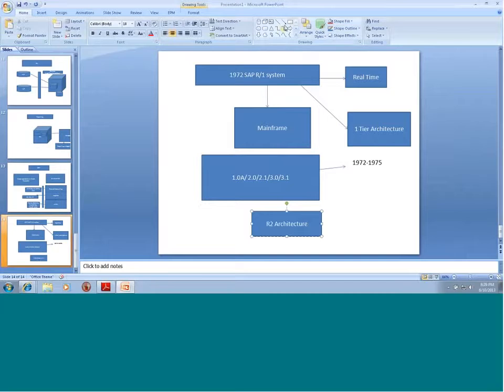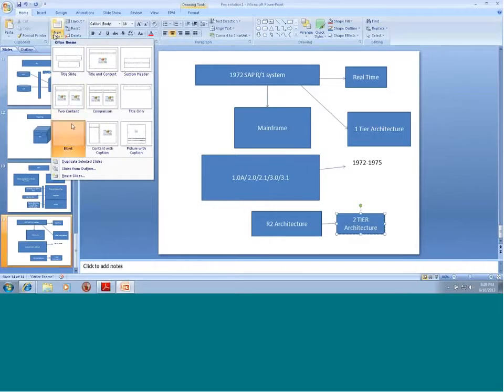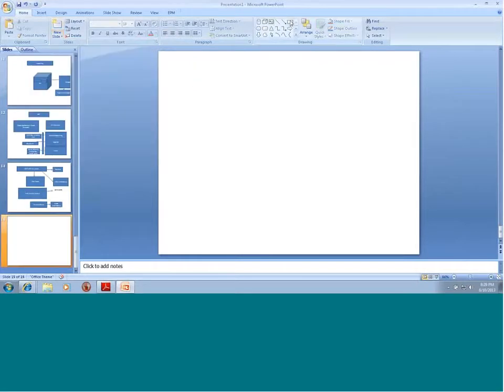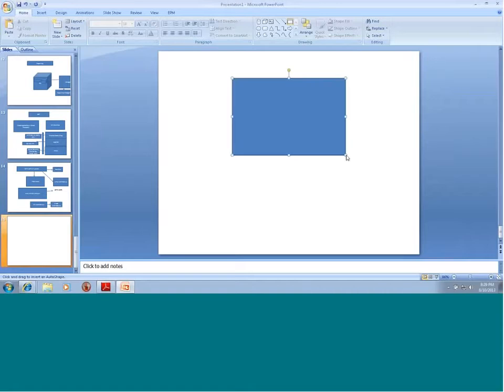R2, as the name suggests, is a two-tier architecture system. And I'll quickly explain what a two-tier architecture system is. So in a two-tier architecture system, there is something called a main server, and within the main server is the application server and also the database server.